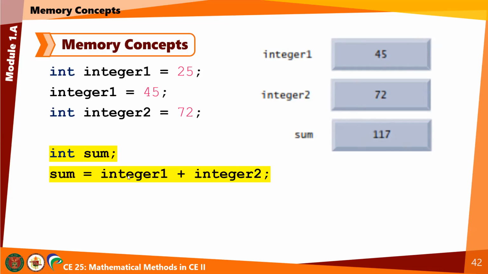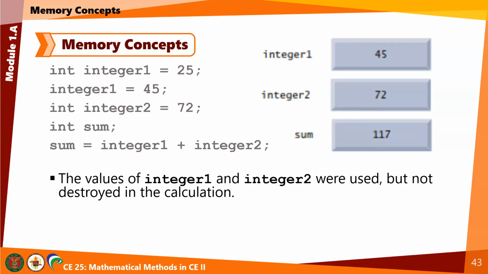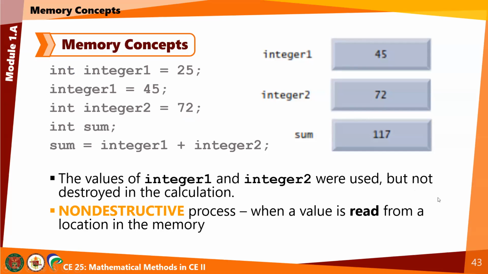So, hindi siya nagbago, kasi hindi naman siya yung nasa left ng single equal sign. Yung nasa left ng single equal sign is just sum. So, the values of integer 1 and integer 2 were used but not destroyed in the calculation. So, this is what we call the non-destructive process when a value is read from a location in the memory.